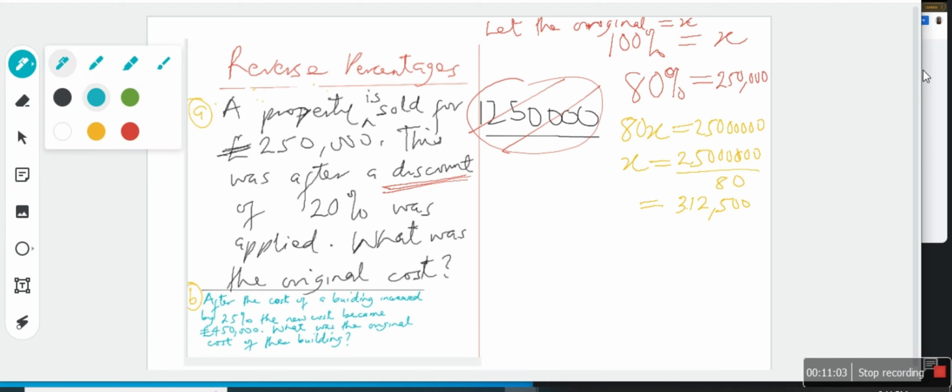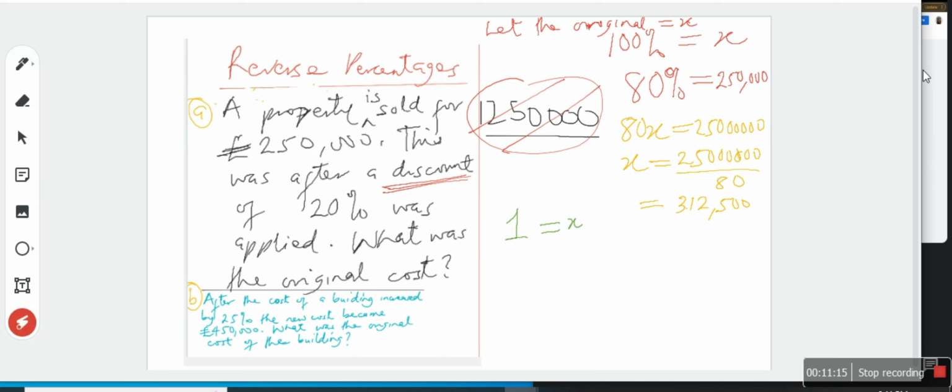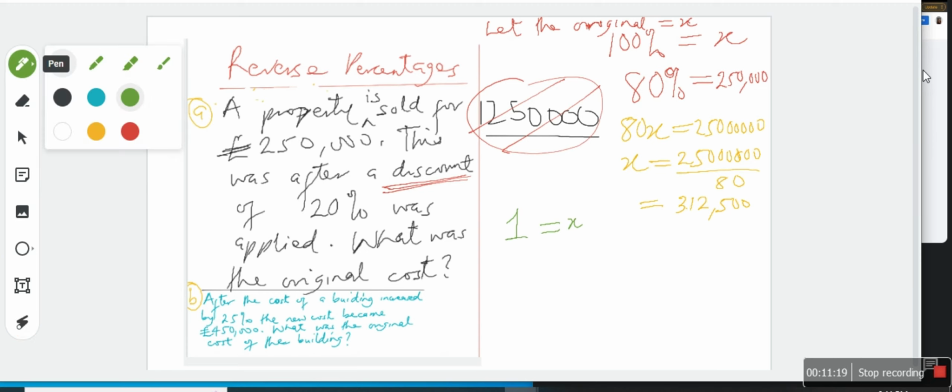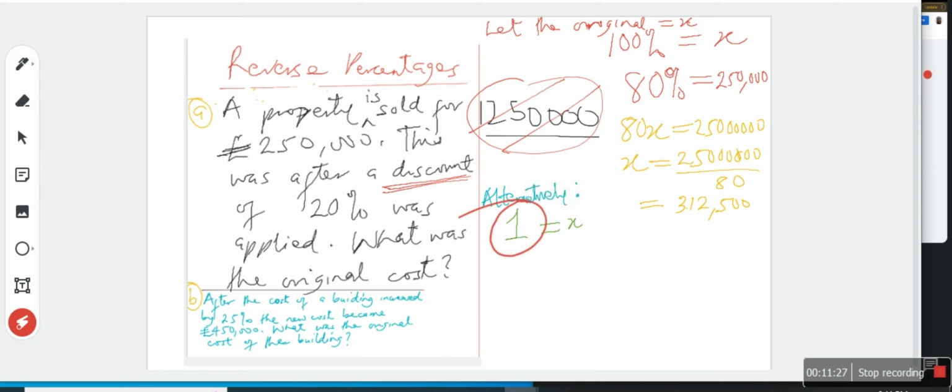Even though they are all related, you can consider that as a different method. You can call the full thing as 1. So 1 is X. Are you listening to me? This is another way of doing it. Alternatively, the full thing can be regarded as one whole number.